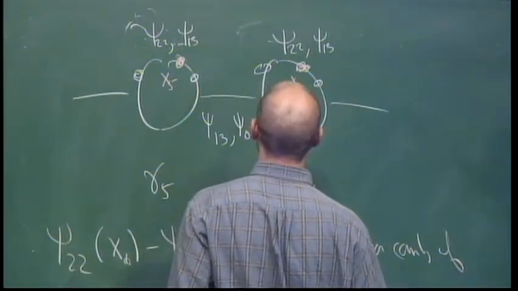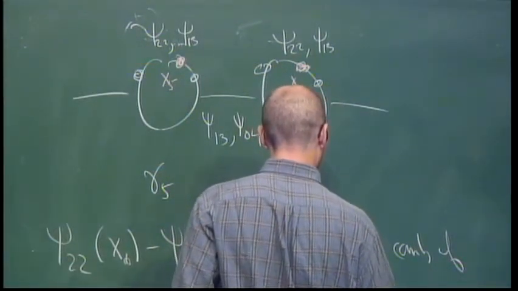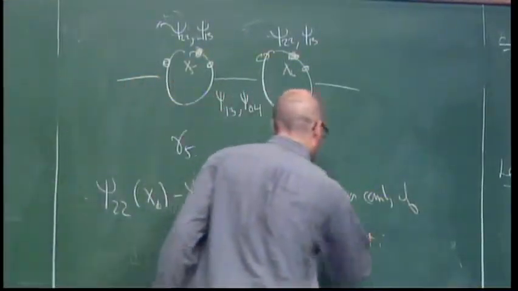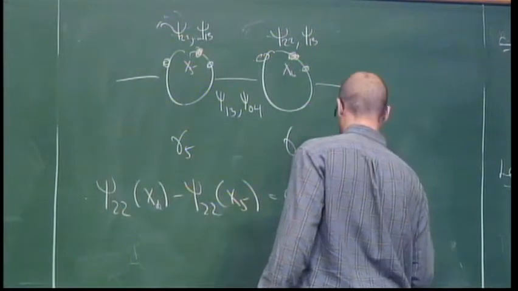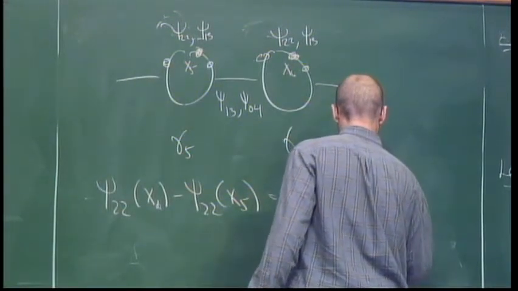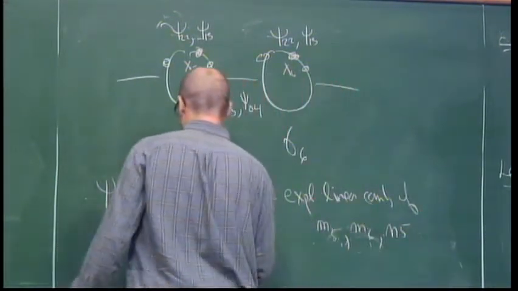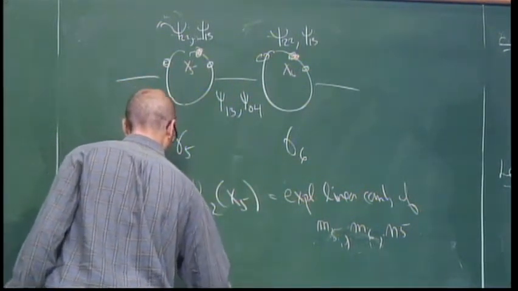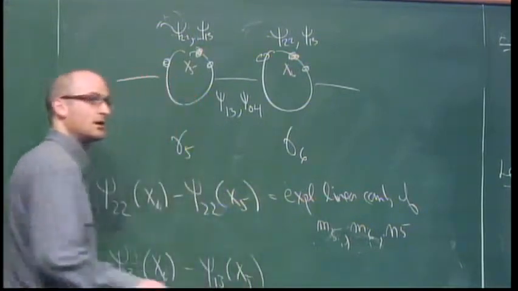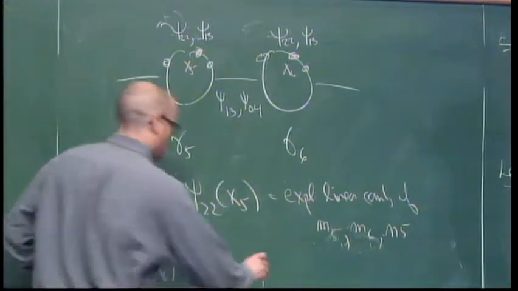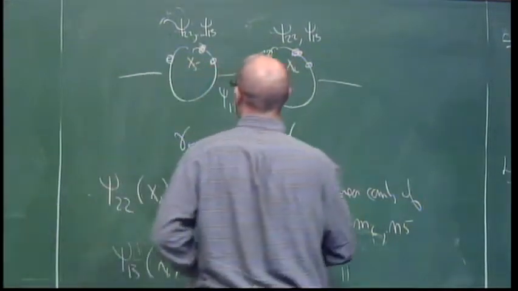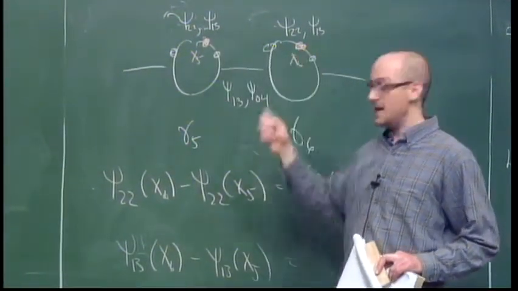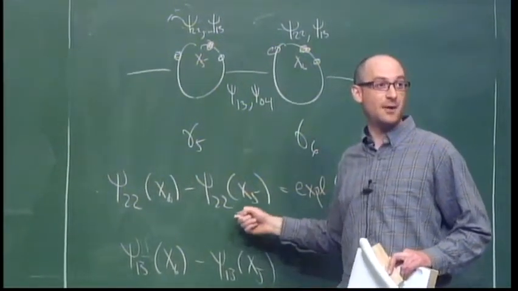And here it's just mk and nk that appear. So it's actually m5, m6, and n5. And we could do the same for psi 1,3 of x6 minus psi 1,3 of x5. But if psi 2,2 agrees with psi 1,3 at this point and at this point, then we can subtract these two, and we have to get 0.